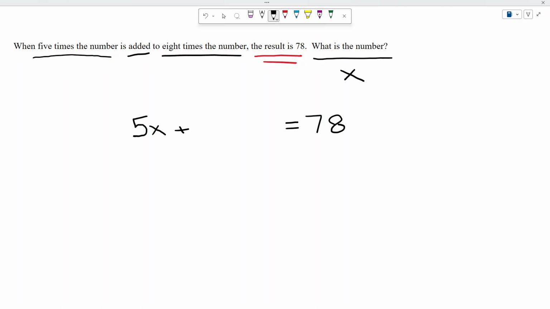So this will be 8x, whatever the number is, 8 times that. Our total result will be 78.